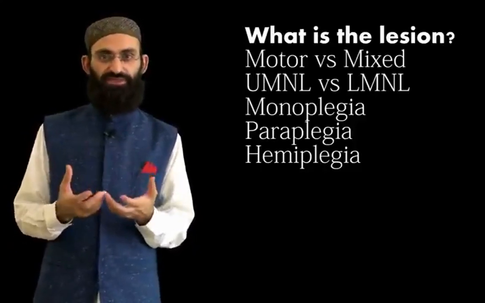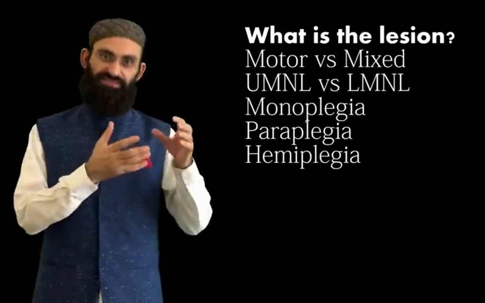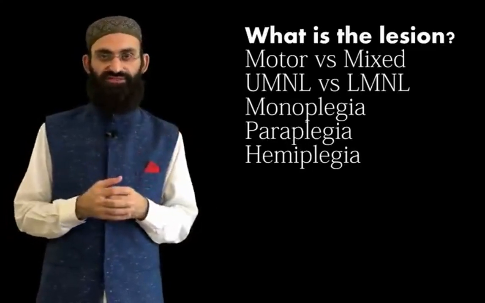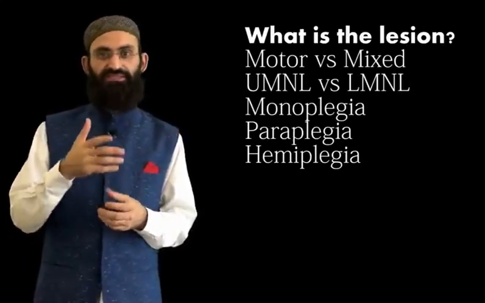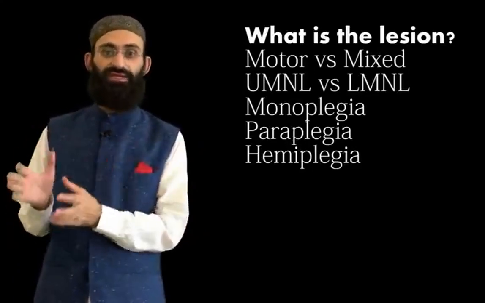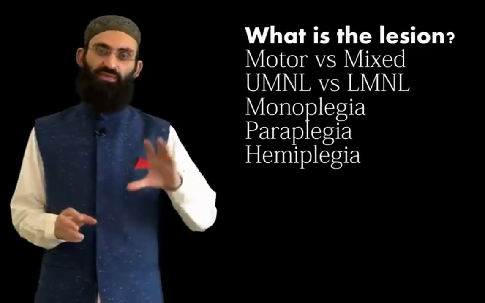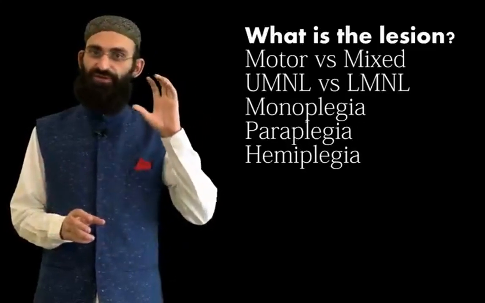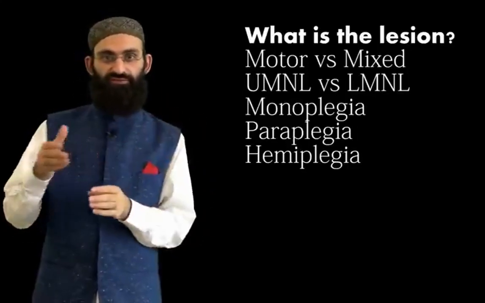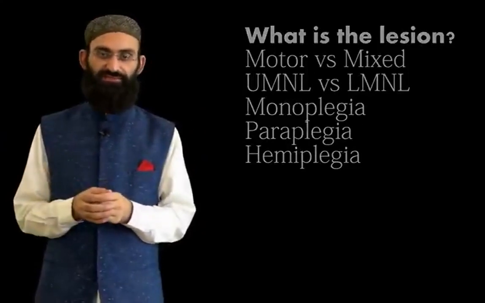So the first question, what is the lesion, addresses these components of motor weakness. And then after answering this question, we can move to the next question, and that is, where is the lesion? And with the concept of brief neuroanatomy in your mind, then you can further localize the lesion. So let us discuss various examples.